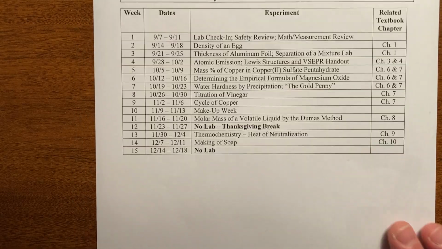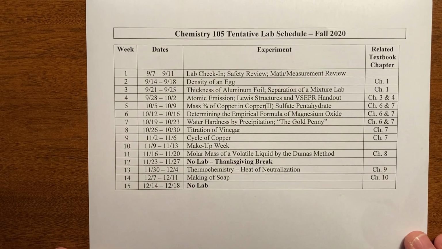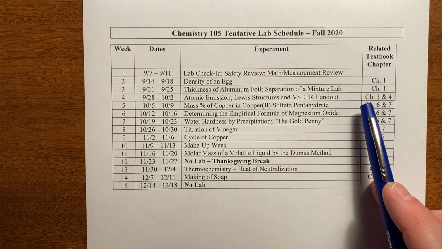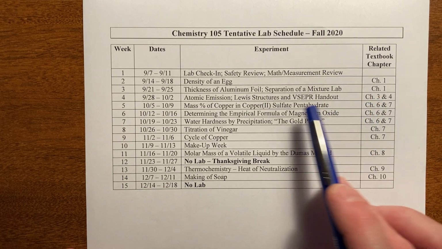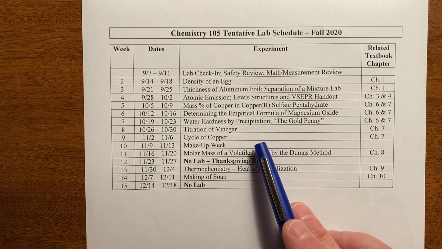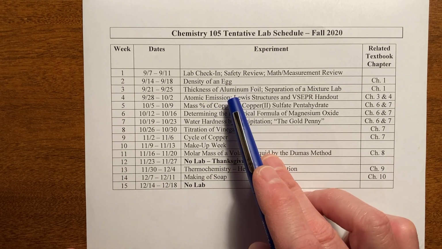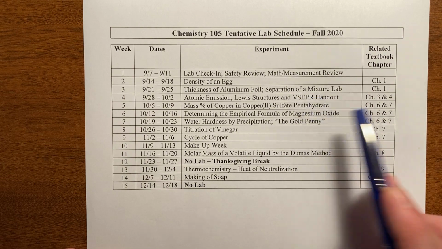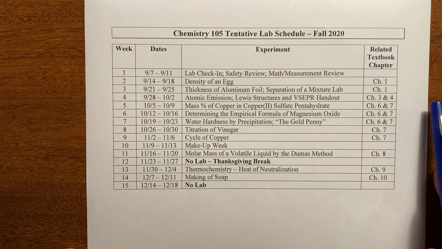And here is the tentative lab schedule that I've come up with. You can see that on some weeks we're going to actually do 2 labs, but don't worry too much. On these weeks, the labs are fairly short. The thickness of aluminum foil lab you can get done in about 30 minutes, and the separation of a mixture lab is probably an hour and a half or so.